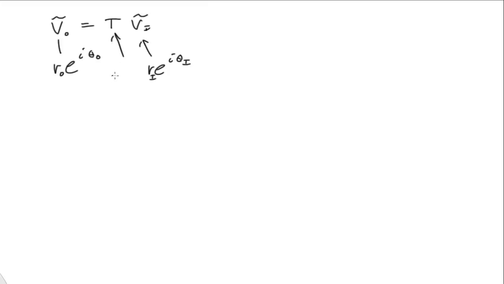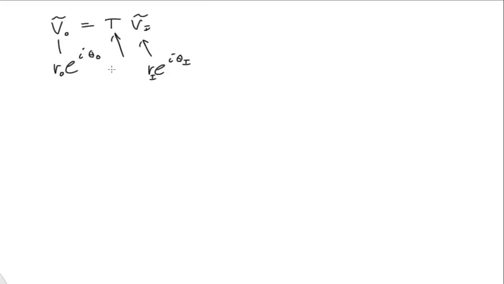So now, in order to do that, we'll just go back to our equation. And we want to know, if this is some complex number here, and this is some complex number here, we'll call that V out and that angle out, and that's V in, angle in, and this represents some other complex number.